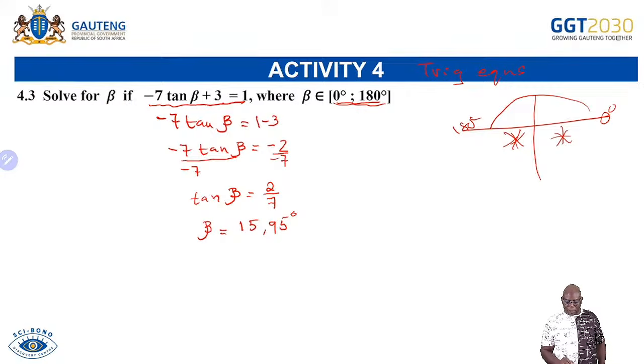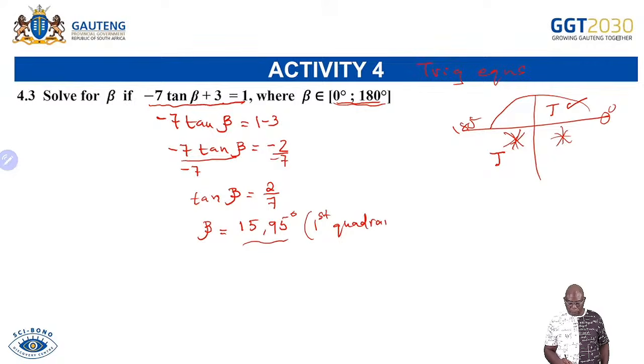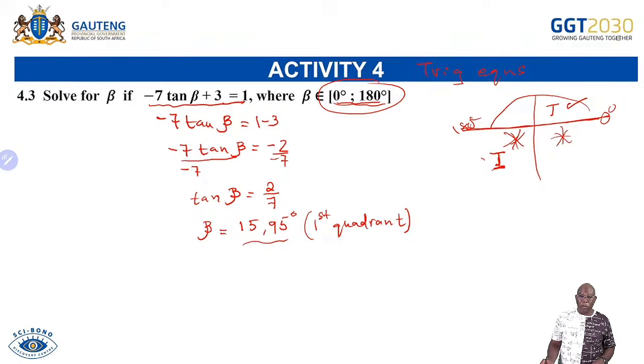This is the tangent, it's positive here and there. So that will be in the first quadrant. So the other angle will be 180 plus 15, but because I'm stopping at 180, so another tip, check your restriction to say this angle must be between which two angles.